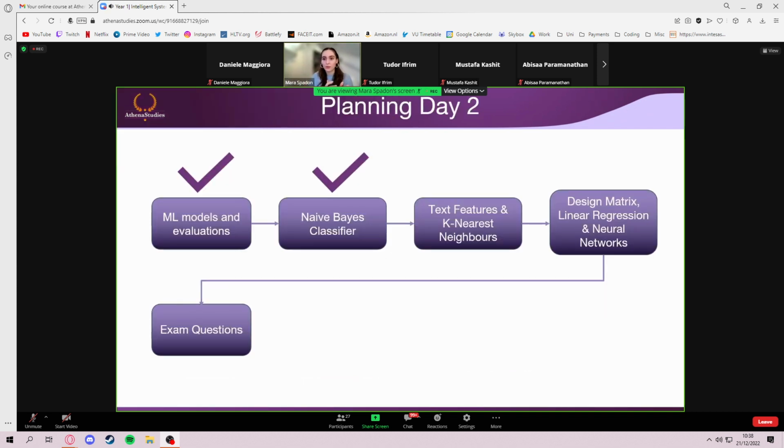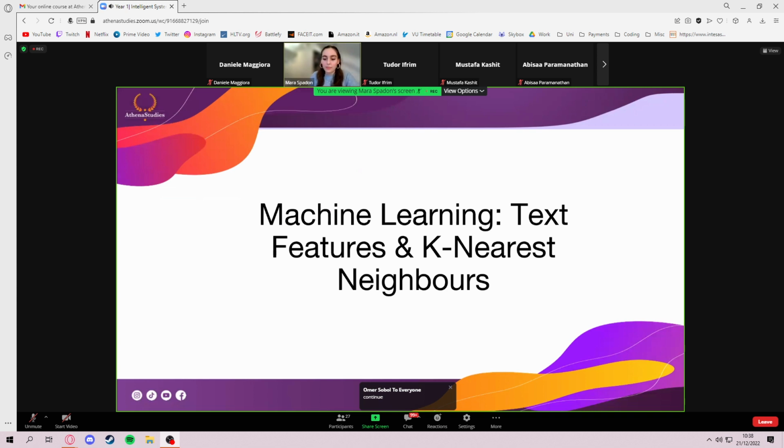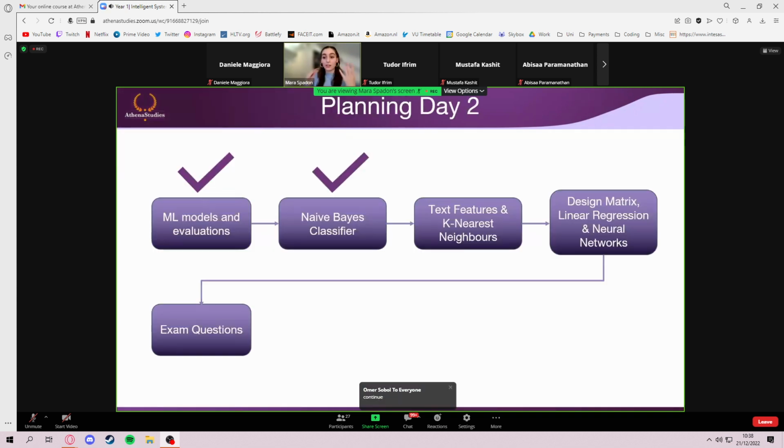Or we can take a break now, then start, and move the breaks a little bit further. Continue? Okay. I'll just continue for 5 more minutes then. I think it's mostly theory. But okay, so we just did the naive Bayes classifier. Yeah, exactly. I think the exam questions are the most important part, so that is good.